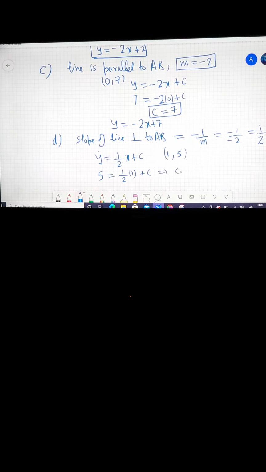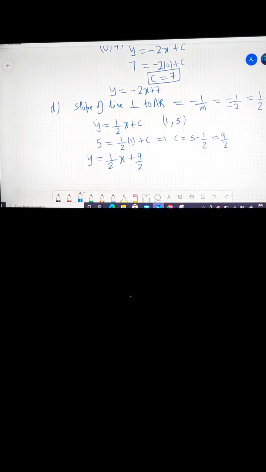And then c equals 5 minus 1 upon 2, which is, if you take the LCM, 9 over 2. Or you can directly write 4.5. So the equation of the line is y equals 1 by 2x plus 9 by 2.